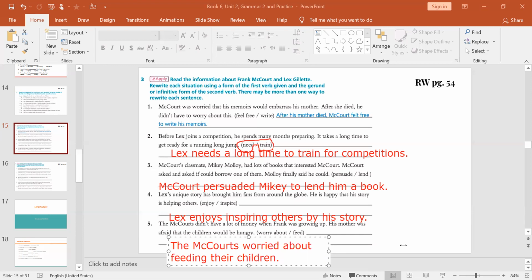So the McCourts worried about feeding their children. And so, again, according to the grammar that we studied, worried about, and afterwards we get the verbal noun, feeding their children. Okay, so again, these are just examples, but you can see now how you have to understand the content first and then apply the grammar afterwards.